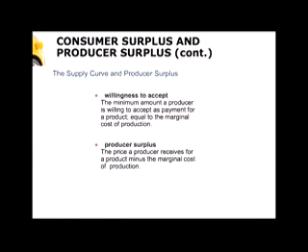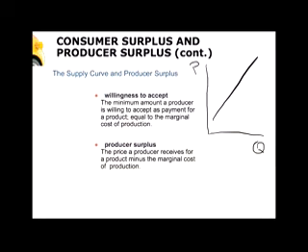Now we can also look at producer surplus. So remember, our supply curve shows us the relationship between price and quantity for suppliers. And if we look at any given quantity, we can go up to the supply curve and over, and that's the minimum amount a producer is willing to accept to produce that unit of the good.